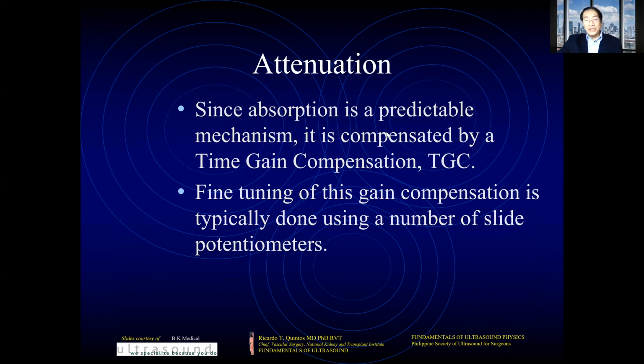Now, since attenuation is a predictable mechanism, it is compensated for by a time gain compensation. And fine-tuning of this gain compensation is typically done using a number of slide switches or slide potentiometers.